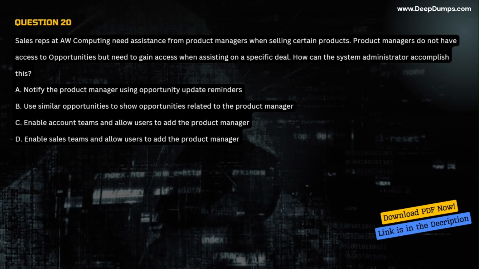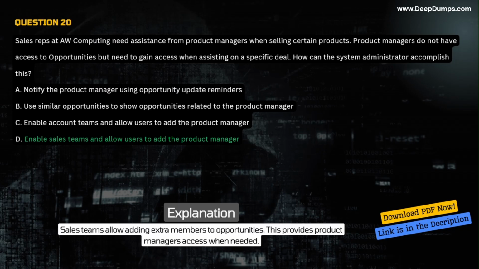C. Enable account teams and allow users to add the product manager. D. Enable sales teams and allow users to add the product manager. Correct answer: D. Explanation: sales teams allow adding extra members to opportunities. This provides product managers access when needed.